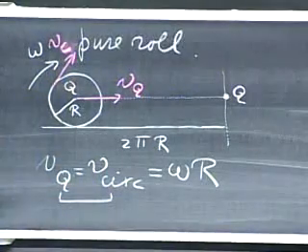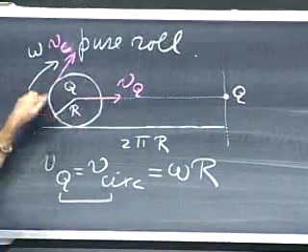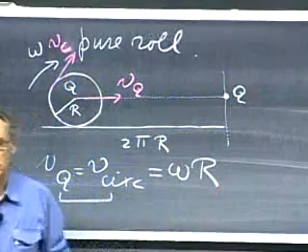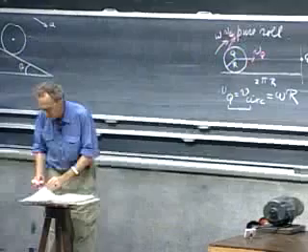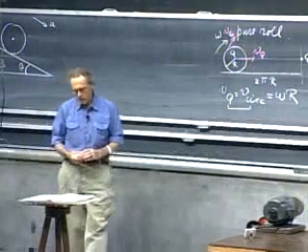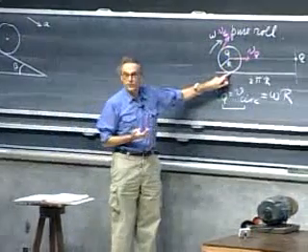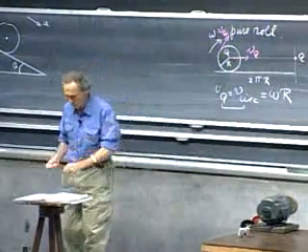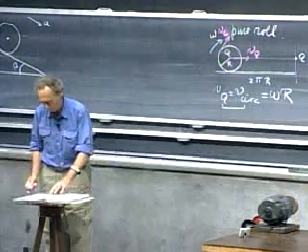You can easily imagine that if there is no friction here, the object could be standing still, rotating like crazy, but Q would not go anywhere. So then we have skidding and slipping, and then we don't have the pure roll situation. If the object is skidding or slipping, then the friction must always be a maximum here. If the object is in pure roll, the friction could be substantially less than the maximum friction possible.